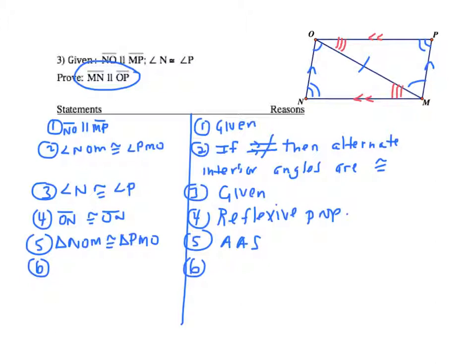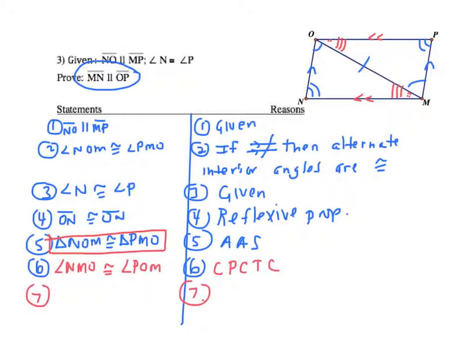So by proving the two triangles congruent, now we get to say that angle NMO, this angle right here, is congruent to, and check out the name of it, angle POM. So here's angle POM at the top, and those two angles are congruent by CPCTC.